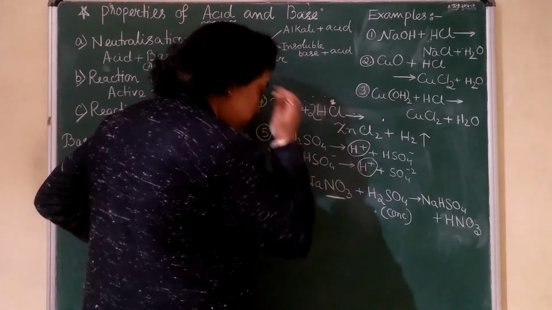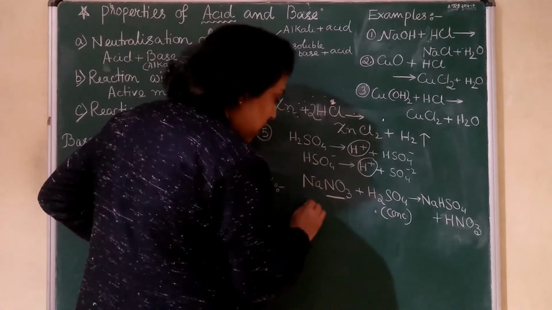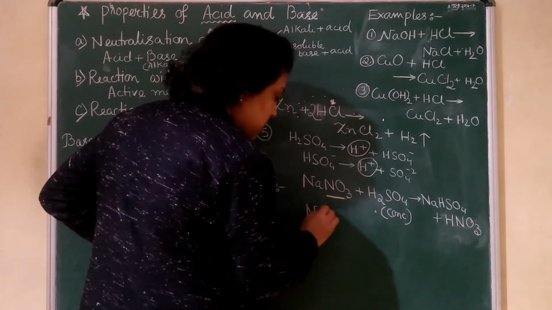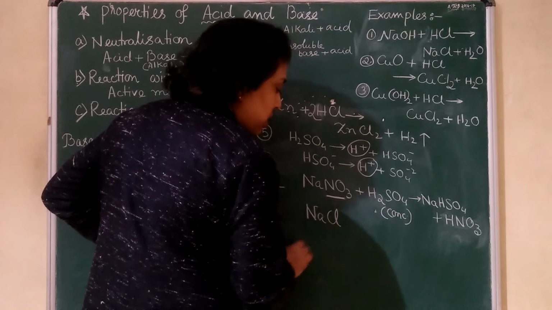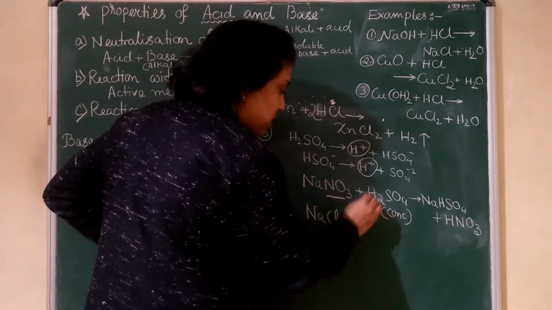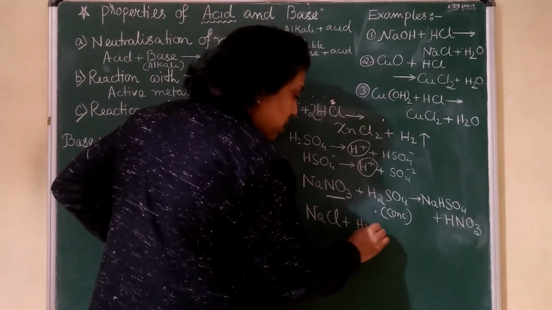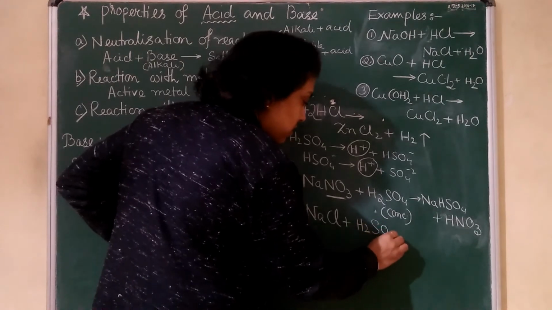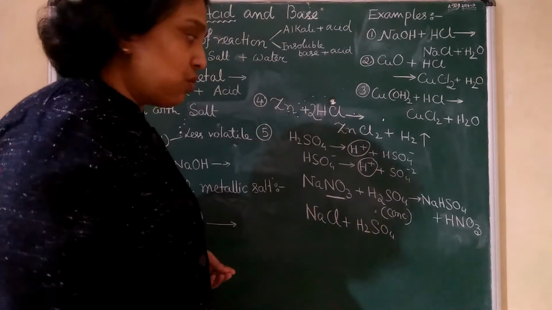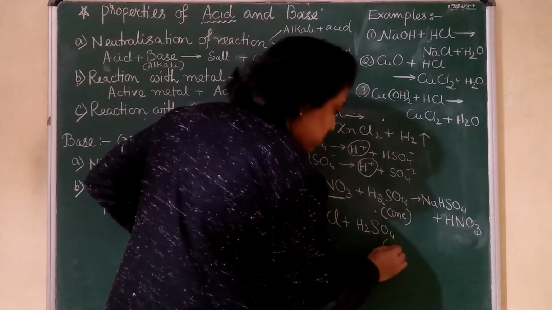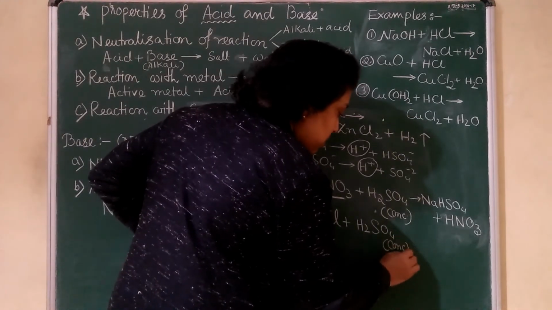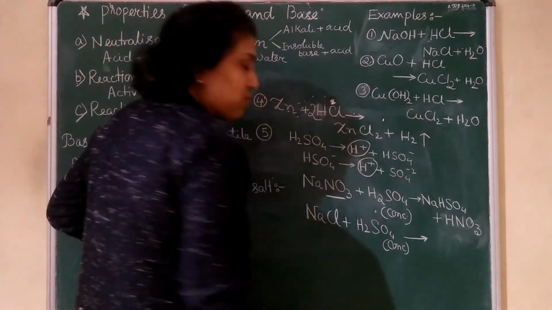Then next one is chloride salt. If it is NaCl, a chloride salt, reacting with H2SO4, in the same way, what? It will not be Cl2. What will happen? This is concentrated acid. Preparation also we have done this.